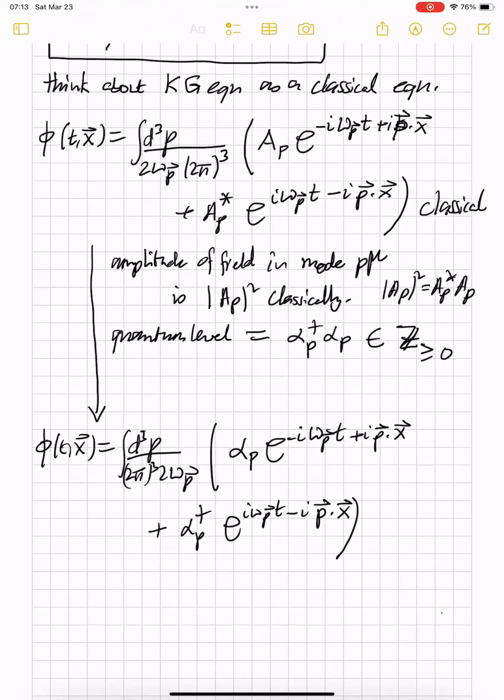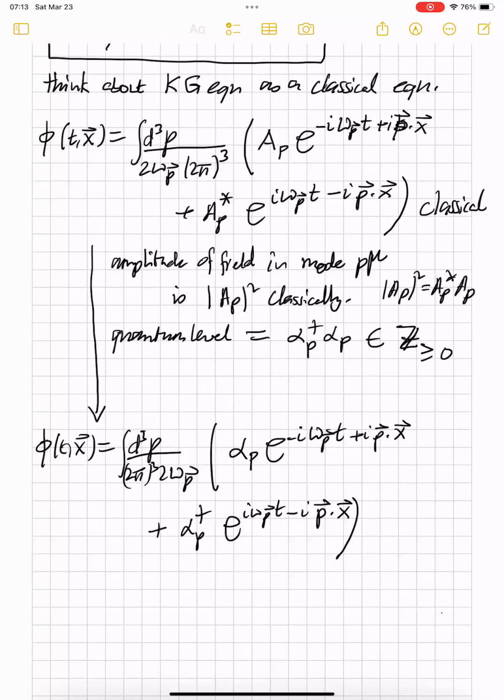So when we say we've quantized the field, this is exactly what we've done. The amplitude of the mode p mu in the classical field becomes an integer in the quantum field theory. That's what we've quantized. It's actually the field strength for the mode p mu. Good. So we know what equation the field obeys, and we've got some idea about what it meant to go from the classical field to the quantum field.